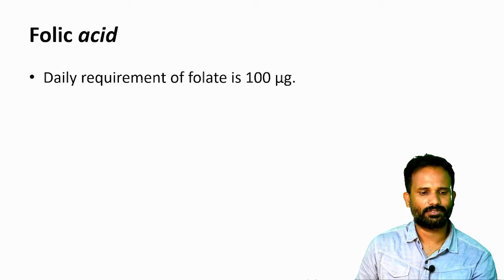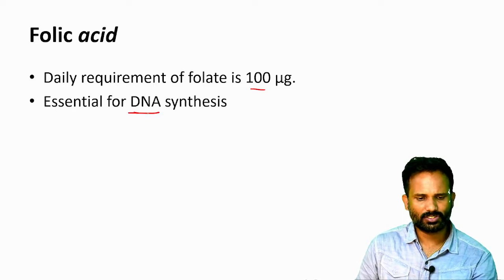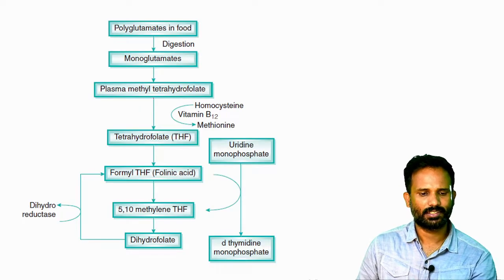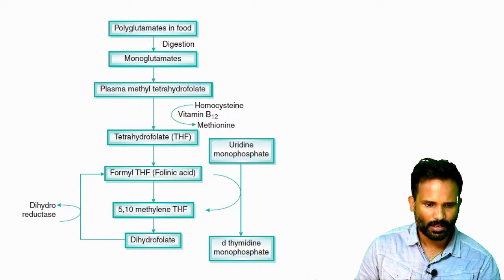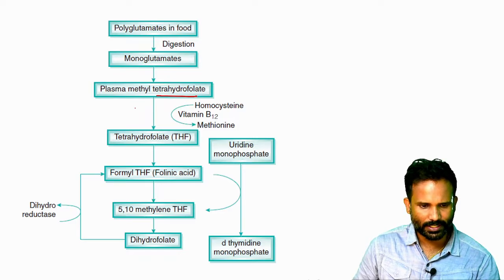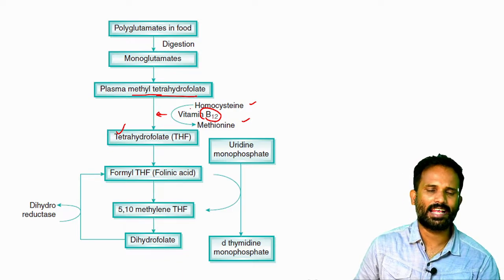Folic acid requirement is around 100 micrograms, and this is also essential for DNA synthesis for the formation of nucleotides. So if you see here, to convert methyl tetrahydrofolate into tetrahydrofolate, we require B12 for the conversion of homocysteine to methionine, which acts as a cofactor or like an enzyme.